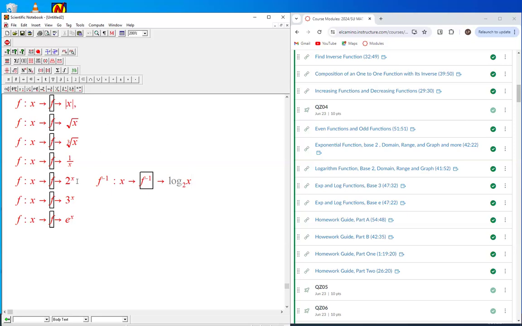And its domain, range, etc. And the inverse function for 3 to the power x is log base 3, right? And for e to the power x, it's ln x, right? So we studied all of these rules just last week.